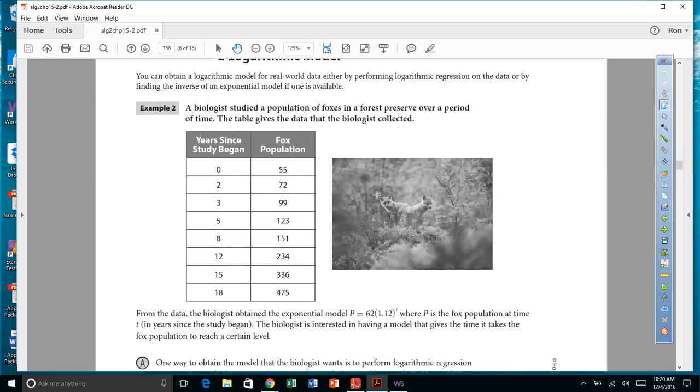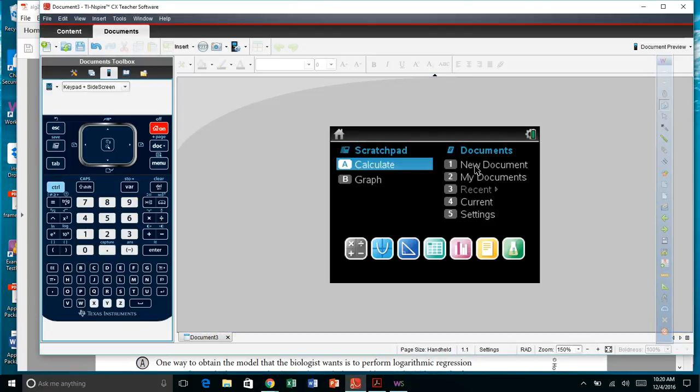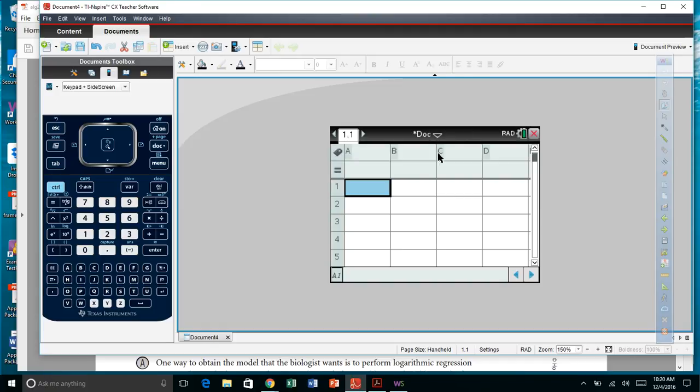You can obtain a logarithmic model for real-world data either by performing logarithmic regression on the data or by finding the inverse of an exponential model if one is available. So, I'm going to go ahead and put this data in the calculator. Okay, new document, lists and spreadsheets.